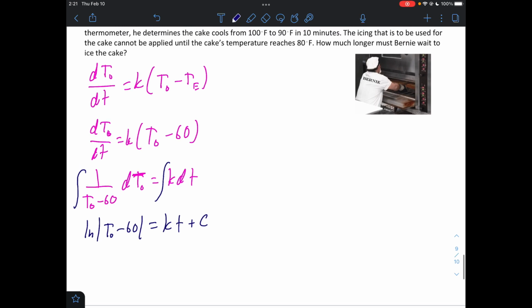All right, so now we can put in our initial condition. He took it out at 100 degrees Fahrenheit. So when little t is 0, initial condition is 100. So ln of 40 is c.